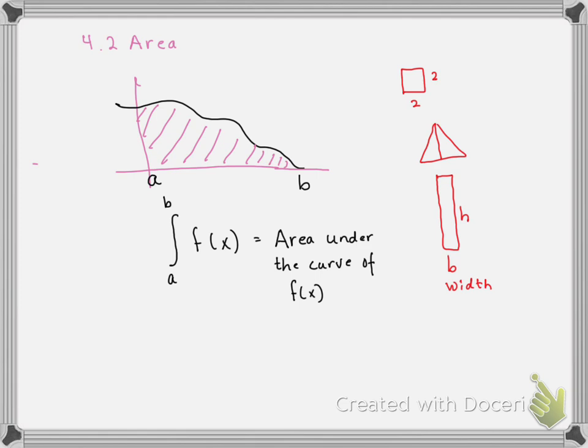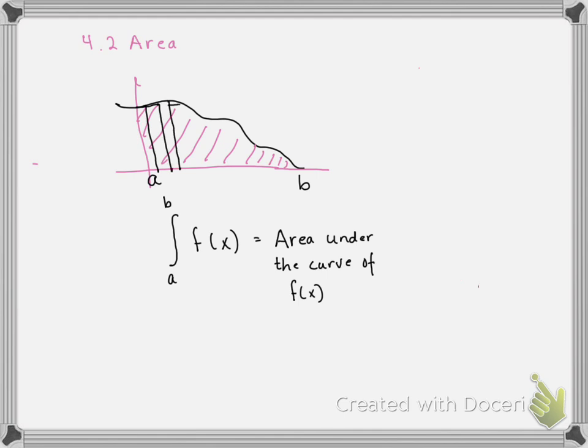So if we wanted to possibly estimate the area under that weird squiggly curve, say we drew some rectangles under this curve, just a random number of rectangles under the curve there.